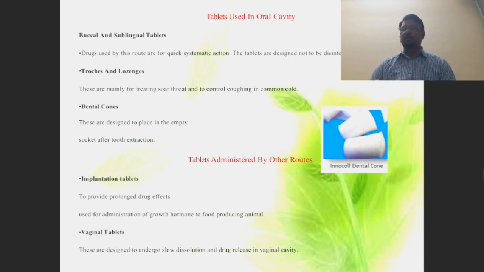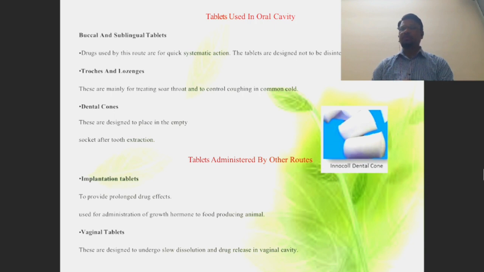So whenever we take a drug or a tablet, there are n number of side effects. To reduce the side effects, and to increase patient compliance, we have to implant the tablet.